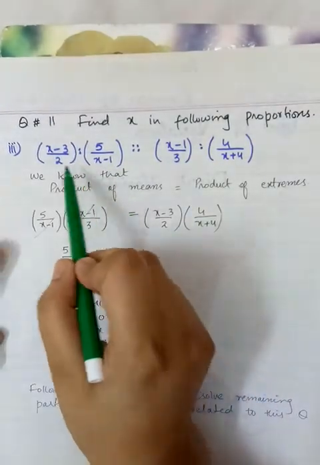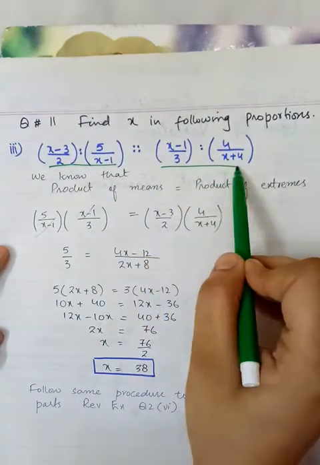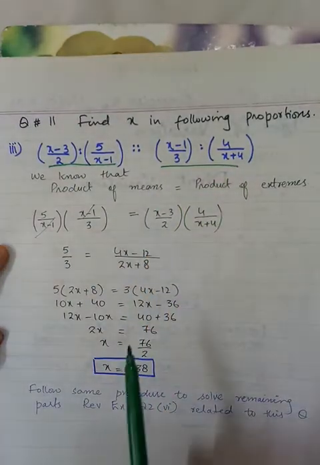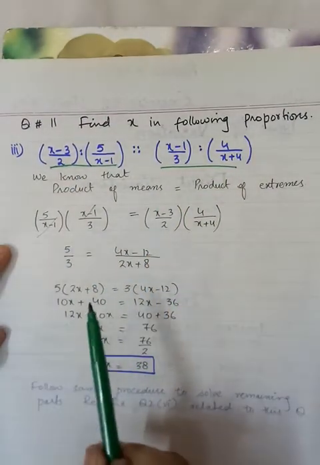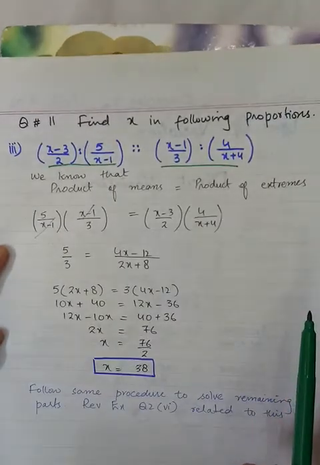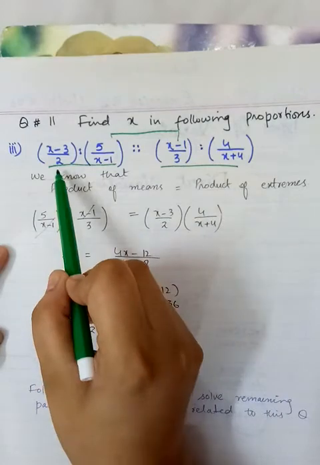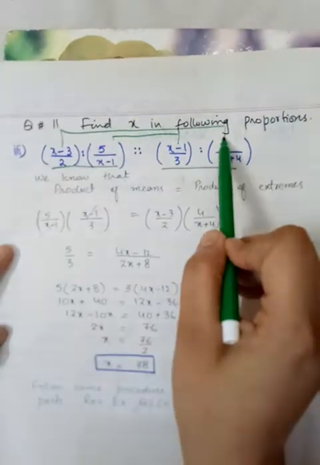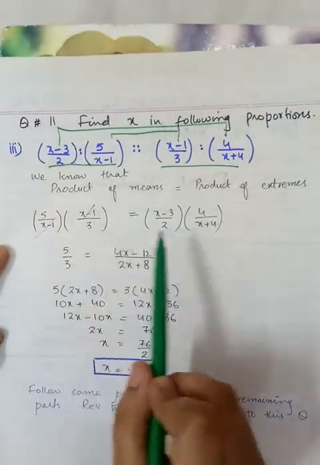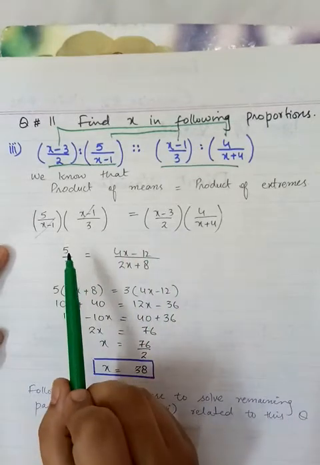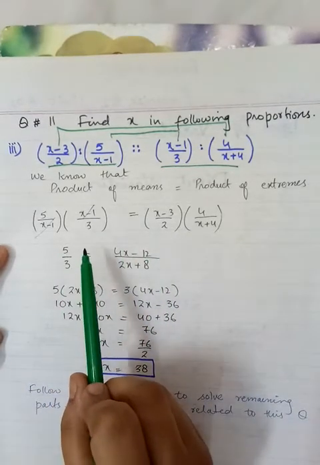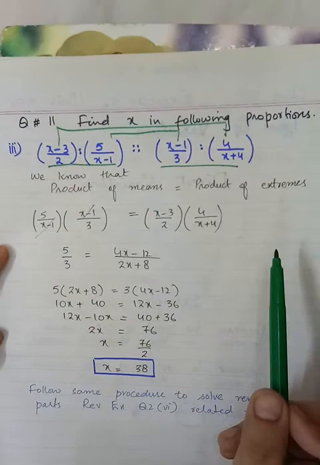There are two ratios given, first ratio, second ratio, and for the solution of a proportion we use product of means equals product of extremes. The middle values are means and the corner values are called extremes. So corner values will multiply with each other and the middle values will multiply with each other, for the product of means and the product of extremes.